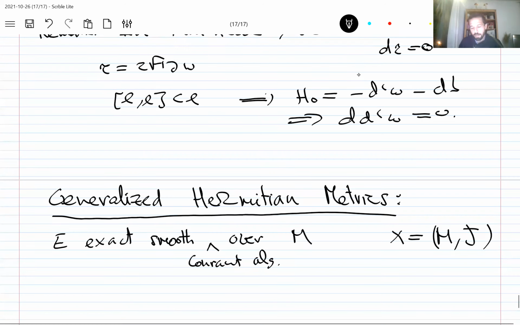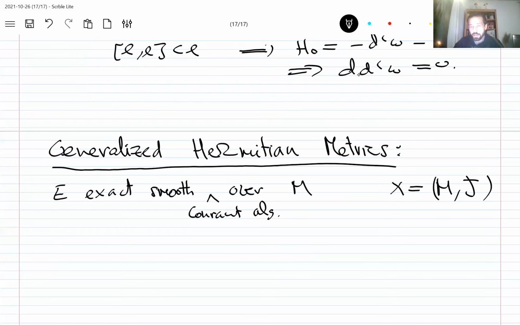So if you want to think of it as tangent plus cotangent with a bracket defined by some closed 3-form, which is real. And then we can consider in this guy generalized metrics, which I hope is familiar to everyone.